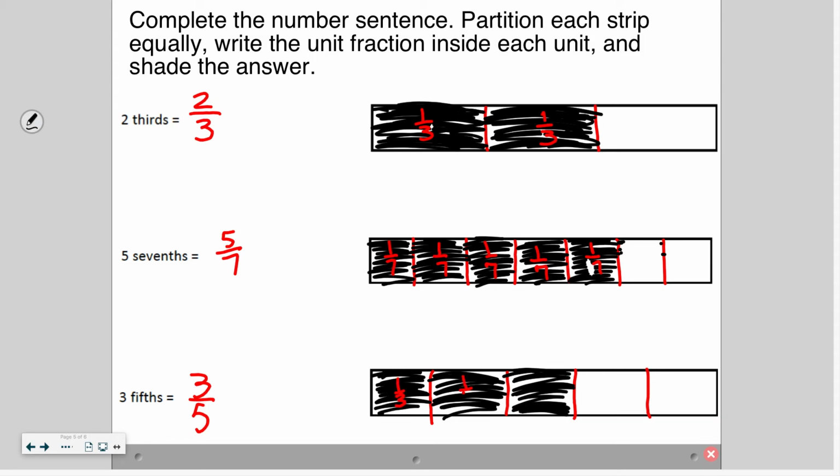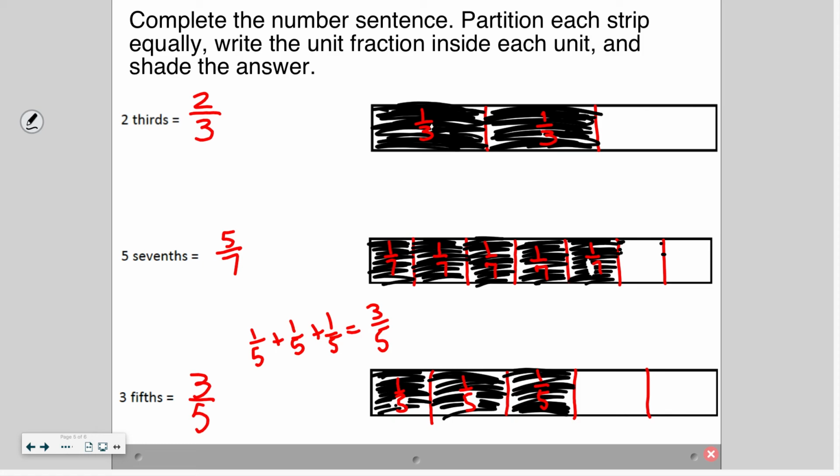1/5, 1/5, 1/5 gives me 3/5. Sorry, I said thirds at first, probably because it's 3/5. 1/5 plus 1/5 plus 1/5 is 3/5. I add the numerators and I keep the denominator the same because we didn't change the parts.